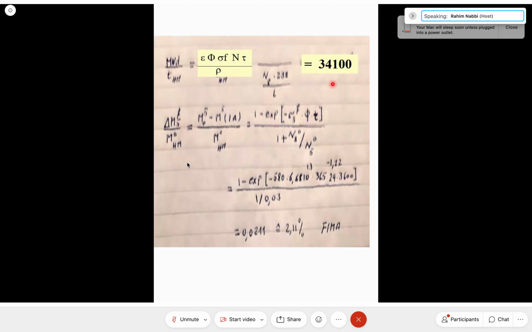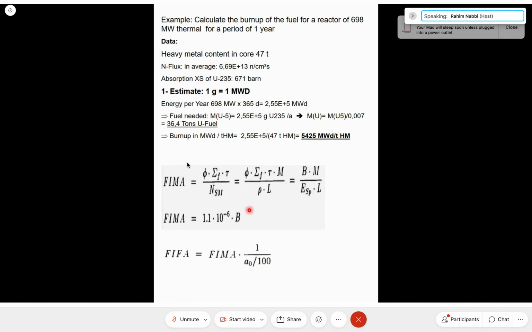If you go this way, as we saw here, remember, you have obtained this number for FEMA, and you would get for megawatt day per ton heavy metal something like 2.4, like here, 2.4 times 10 to the power minus 6. That means the same factor multiplied by this value.